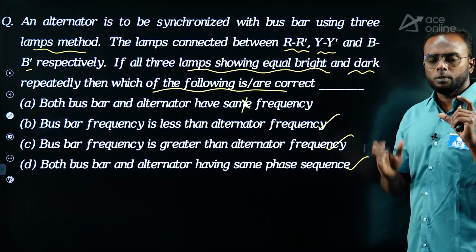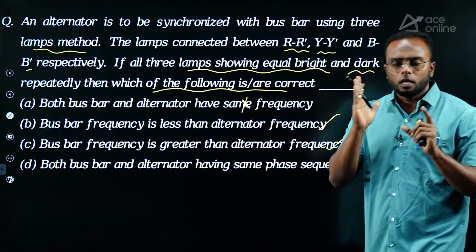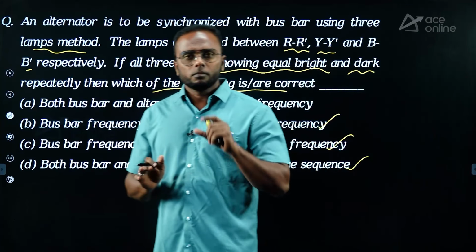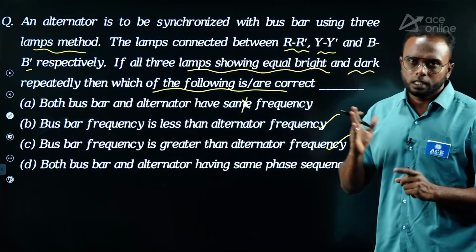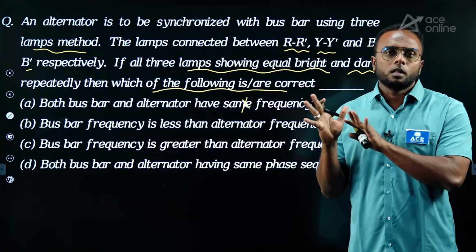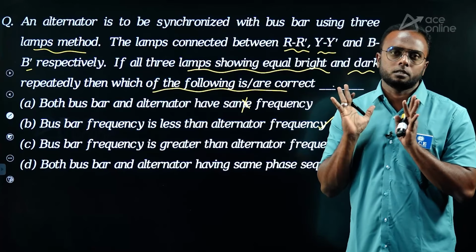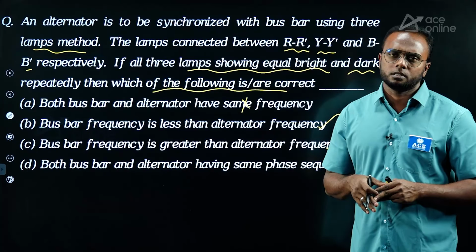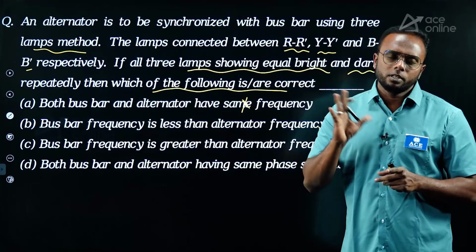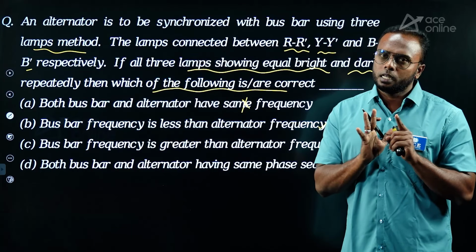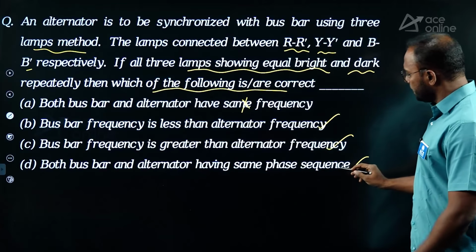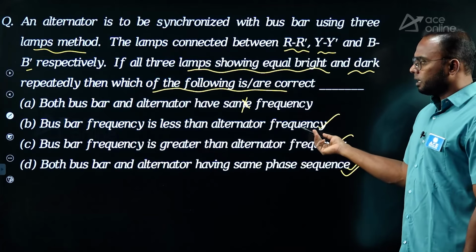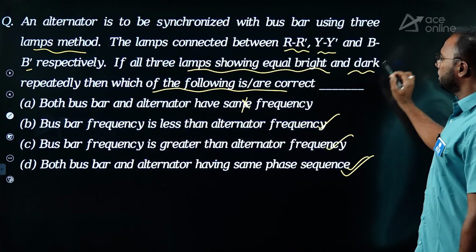But same phase sequence means, suppose the busbar sequence is RYB and the alternator sequence is also RYB. Then at a time all 3 lamps will have the same brightness, maybe bright or dark. But if they do not have the same sequence, then they never show the 3 lamps equally bright and dark. That's why this is also correct. So B, C, D are correct.